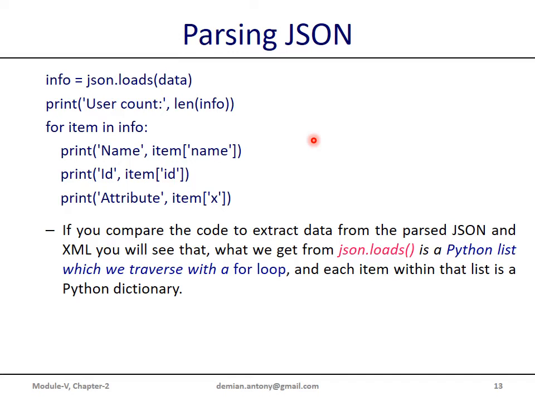We only have to use the syntax of dictionary item access, that is, the dictionary name with the index operator. This is how parsing JSON is simpler than parsing XML. We need only one function, called loads. We don't have to use other functions like XML findall and get.